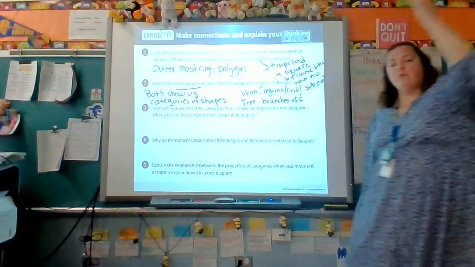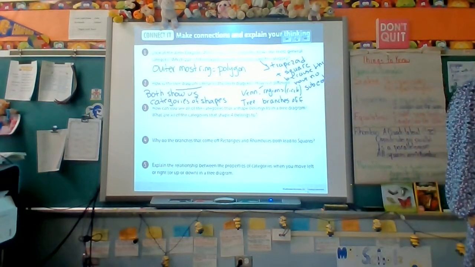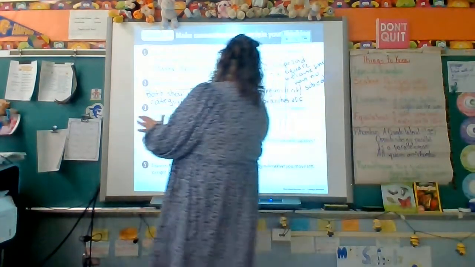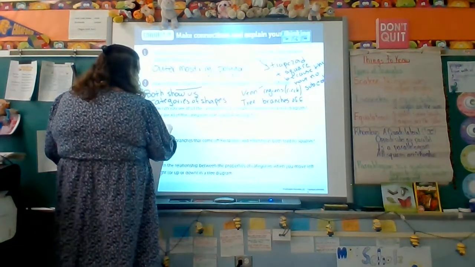You're going to follow it down. And if we look at shape A, which is a rhombus, it's also going to fall into the category of a parallelogram, polygon, quadrilateral, and rectangle, right? So just follow the tree diagram.